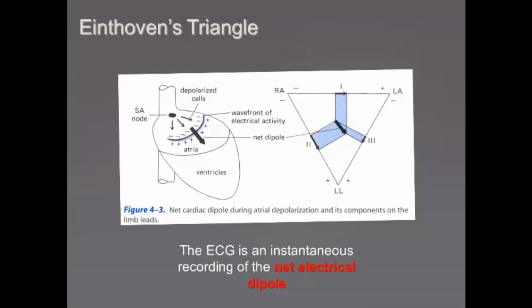Just as an example, we'll start with looking at what's happening right from the SA node. The SA node, we said, of course, depolarizes, and that depolarization spreads across the atria. So we have 3 arrows up here showing the direction of depolarization, and these are a bunch of different action potentials moving across the myocardium.